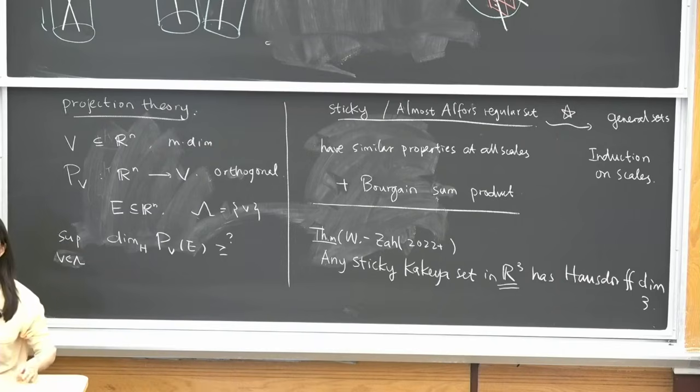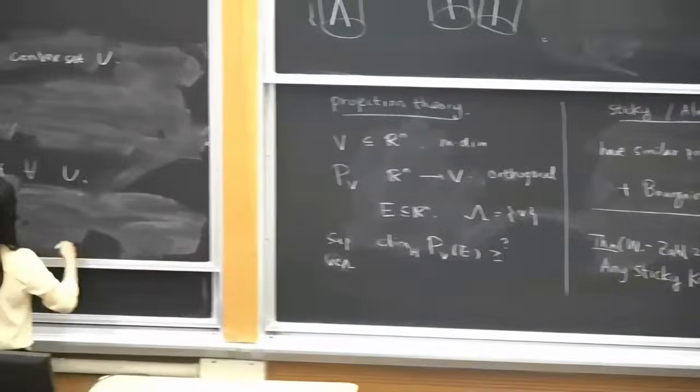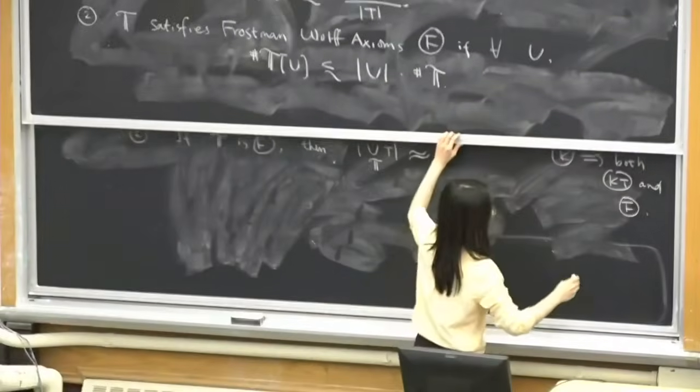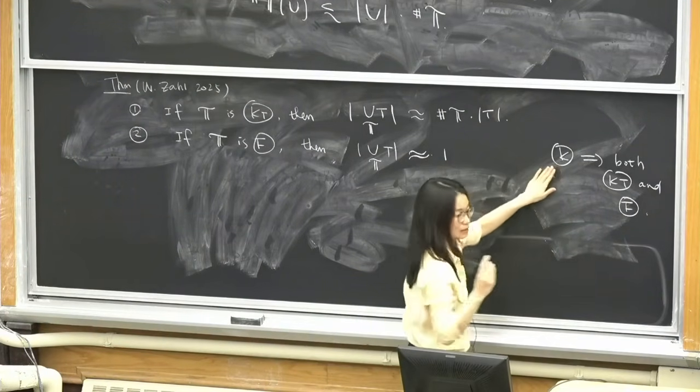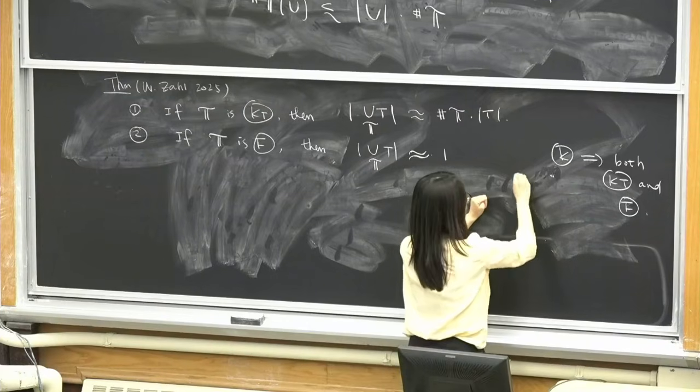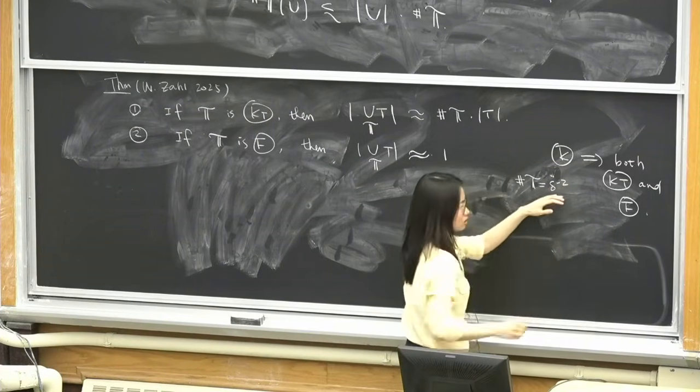Yes. Maybe this is better for after, but can you quickly say how you go from the Kakeya assumption to, like, that first seems to be a lower bound on the size of T, and then here you're getting an upper bound on the size of T. So this is, in fact, a lower bound on the size of T. Yeah, when I say the Kakeya assumption implies both Katz-Tao, I mean that if T has exactly 1 tube in each delta-separated direction, then the number of tubes should be delta to the minus 2.